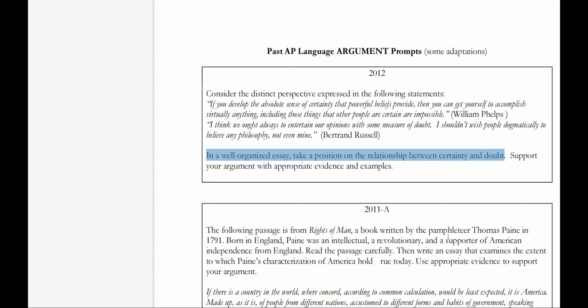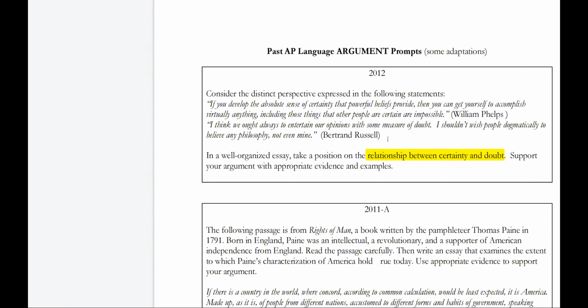Yeah. So this prompt is different. Why? Because we call this prompt a semi-open question. It's not completely open. It has a direction. The direction is the relationship between certainty and doubt. This is the topic we're going to talk about.